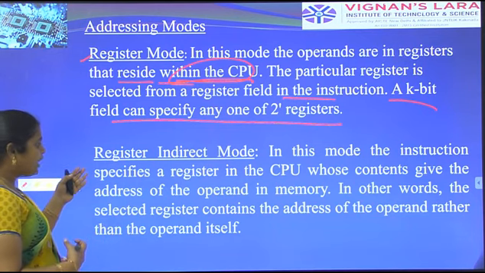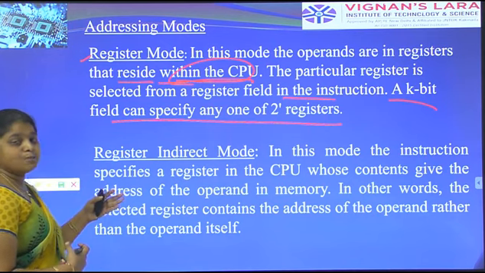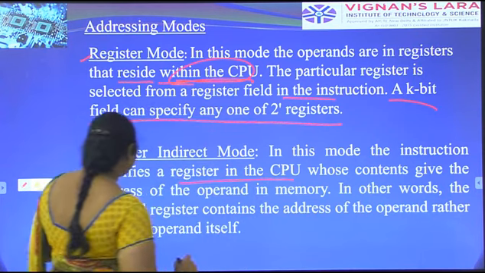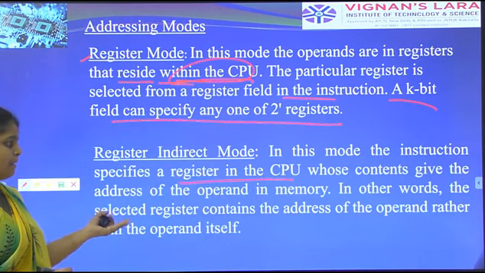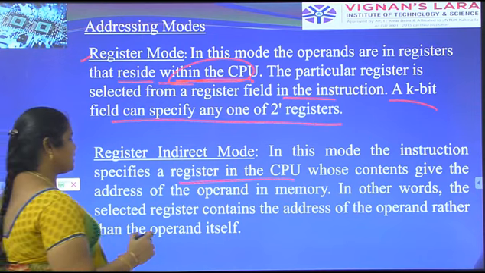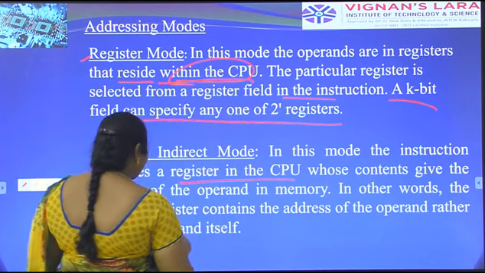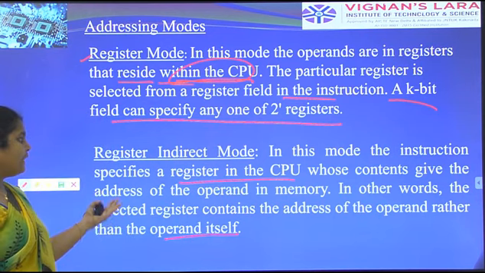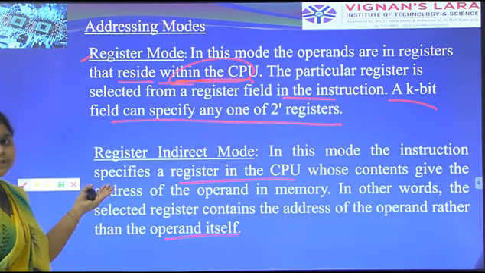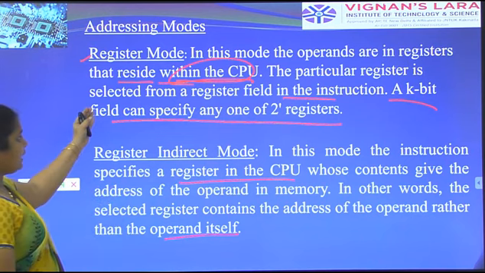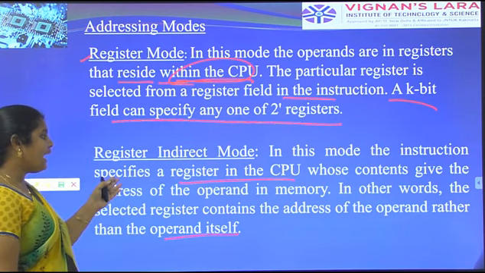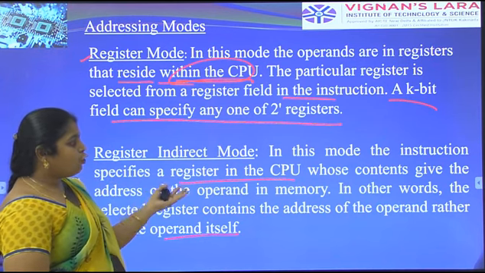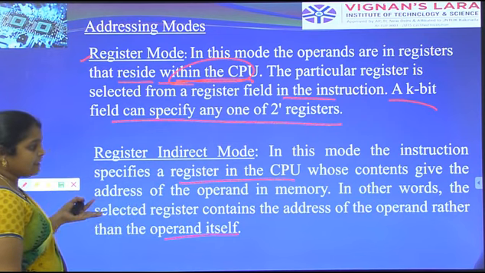Next, coming to the fourth one, register indirect mode. In this mode, the instruction specifies the register in the CPU whose content gives the address of the operand in memory.